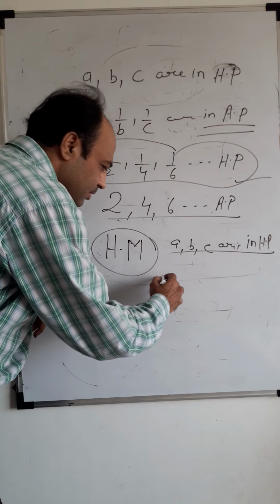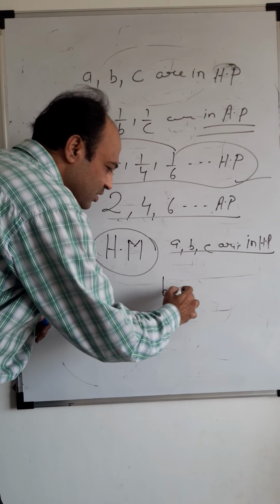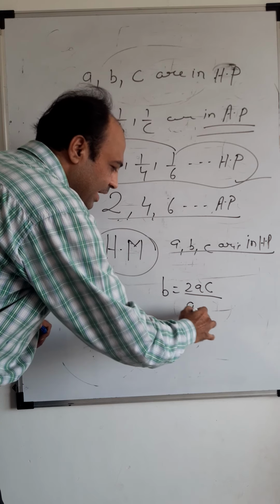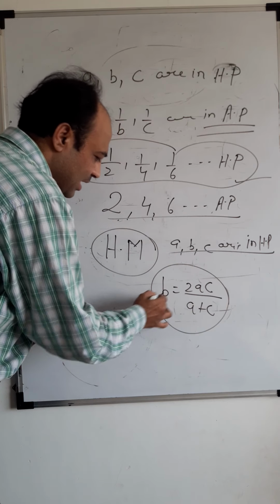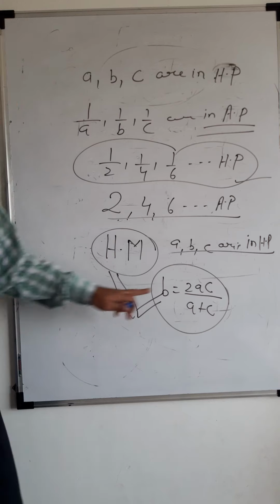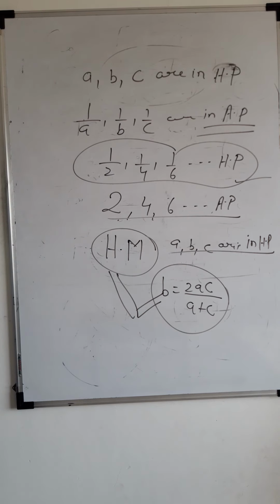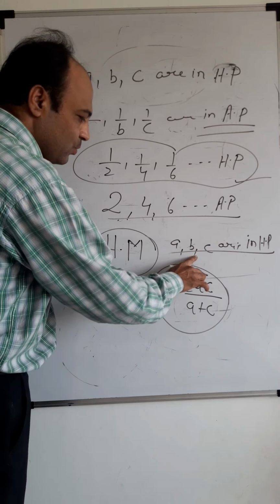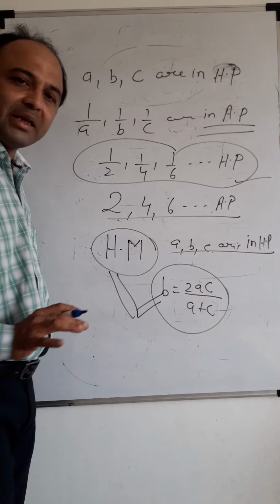So B equals 2AC upon A plus C is known as the harmonic mean. Remember, this is a very important result. If you remember this result, you can solve a couple of sums in NDA. Very basic questions are asked from this in NDA. Okay. So harmonic mean is B equals 2AC upon A plus C.